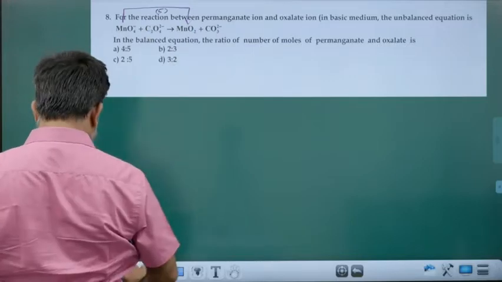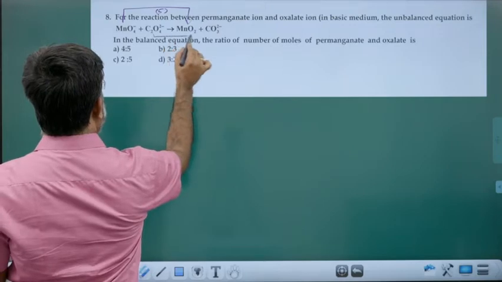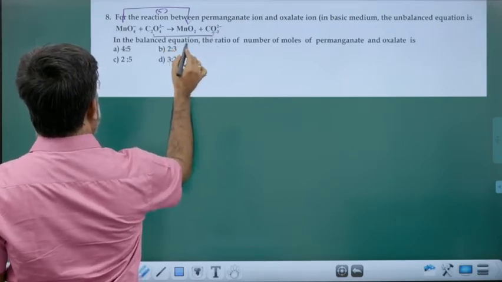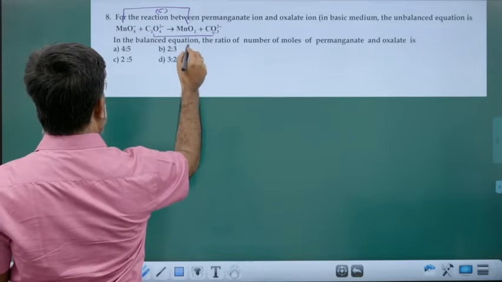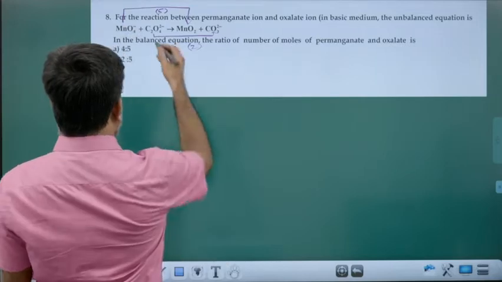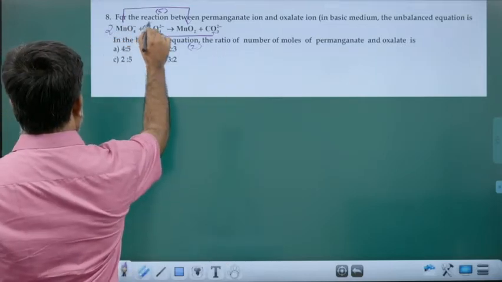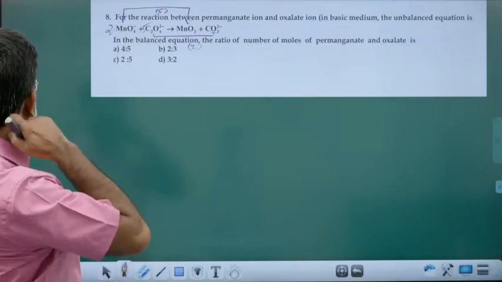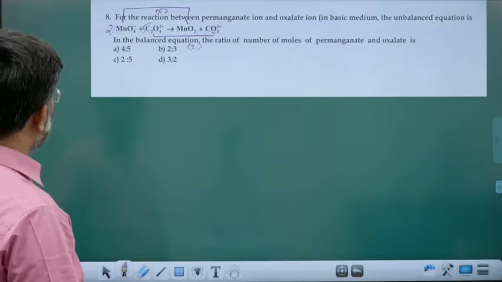And this is oxidation, N factor is +3 to +4, already commented. N factor is 2. So it is going to be 2 here and 5 here. Isn't it? 2 for permanganate reaction and 5 for oxalate reaction.